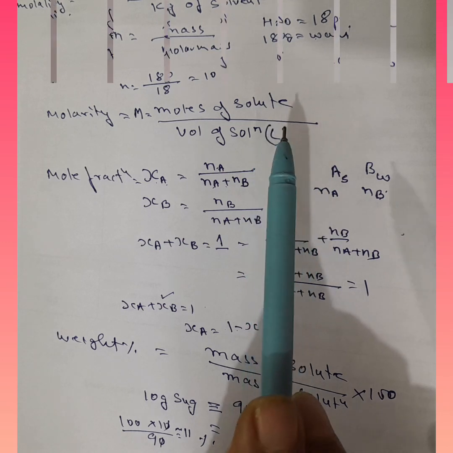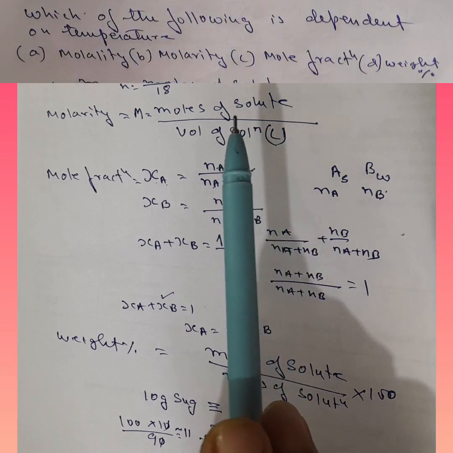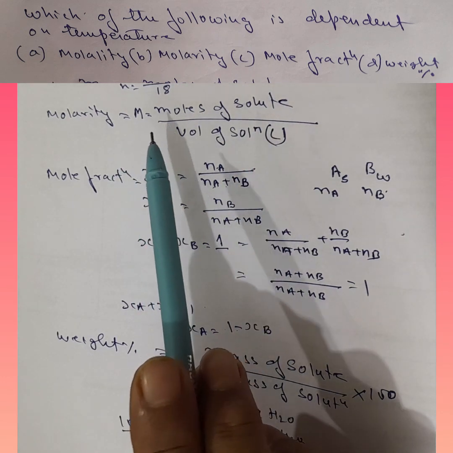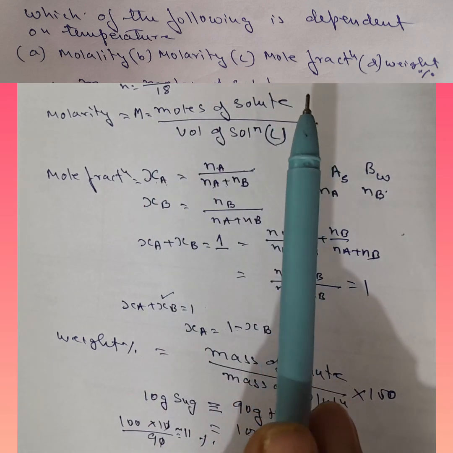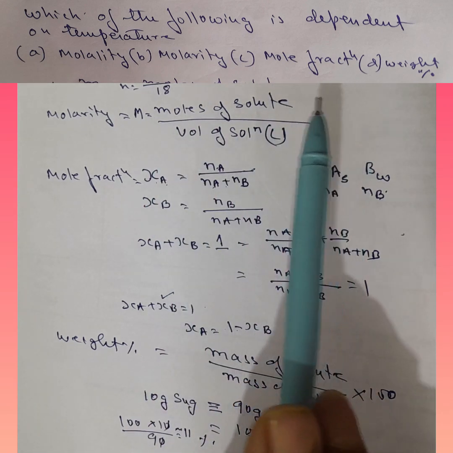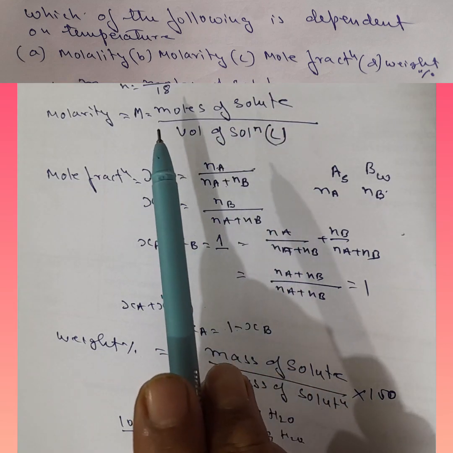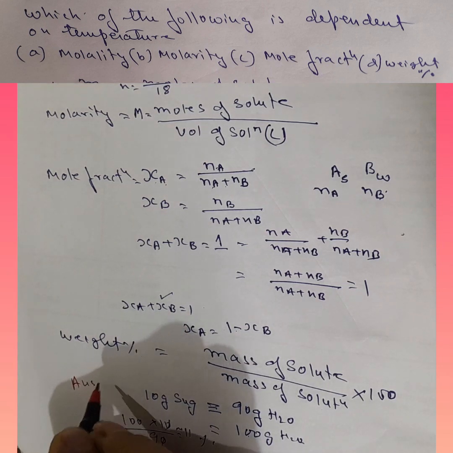But as soon as I cool it, the volume of water reduces, so the moles of sugar per volume would increase. Thus molarity would increase on cooling. But if I take water at ambient temperature, there won't be any change. So molarity is sensitive to temperature. Our answer is B.